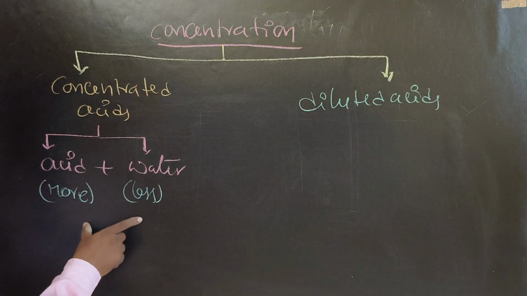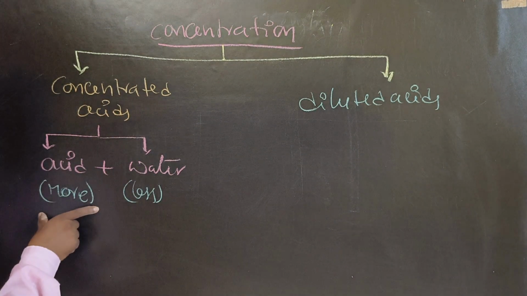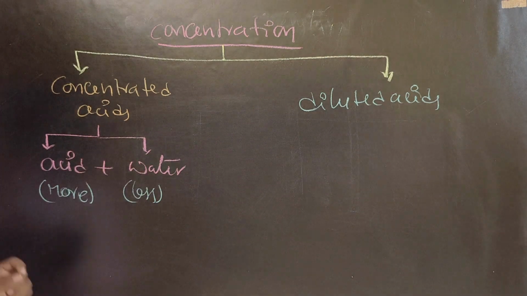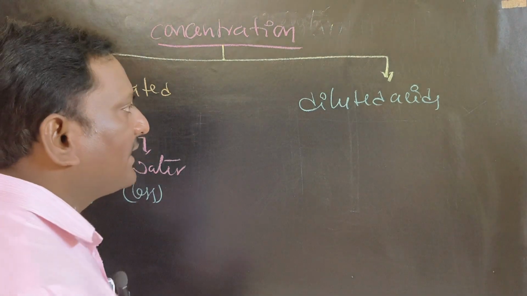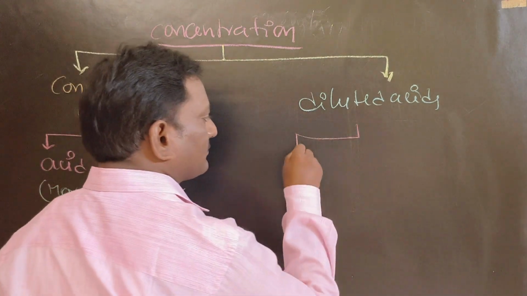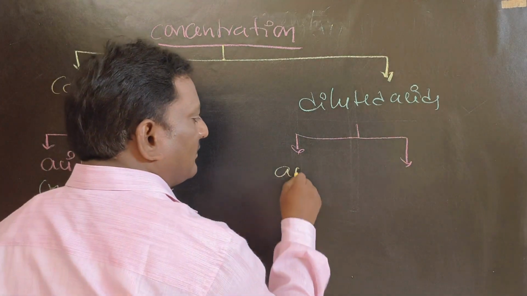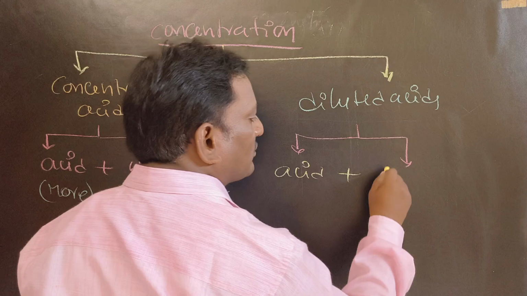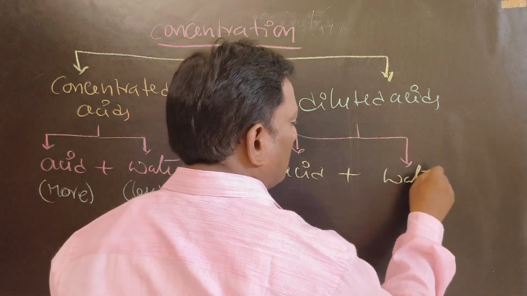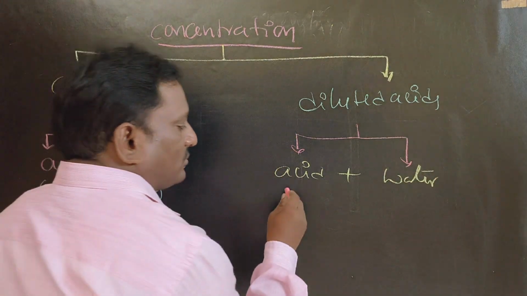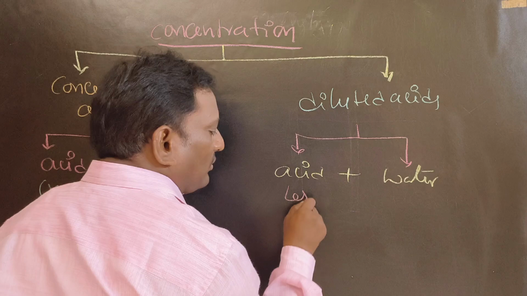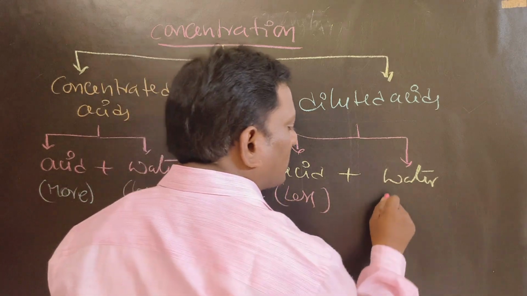So in case of concentrated acid, more acid and less water is present. In case of diluted acid, acid is present and water is also present, but acid is a lesser amount and water is more.